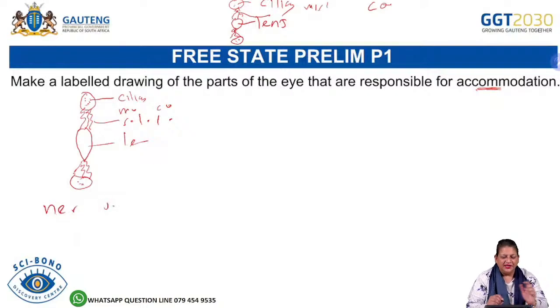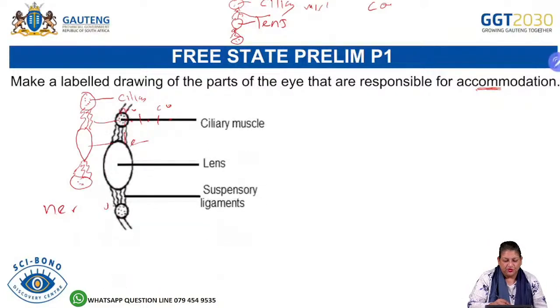You see? But now they're just asking you to make a label drawing of the parts of the eye responsible for accommodation. So you don't have to label the changes that are happening to the parts. You just have to label the parts, and that's how it's going to look. That's my ciliary muscle, that's my lens, and that's my suspensory ligaments. Did I answer the question?